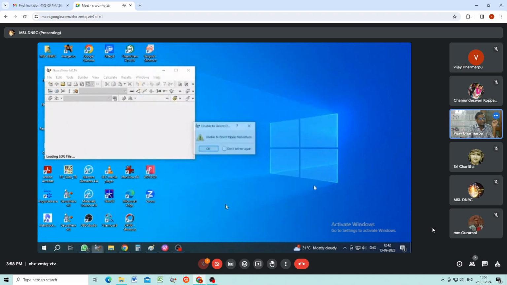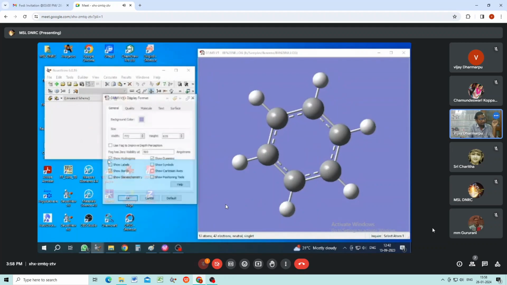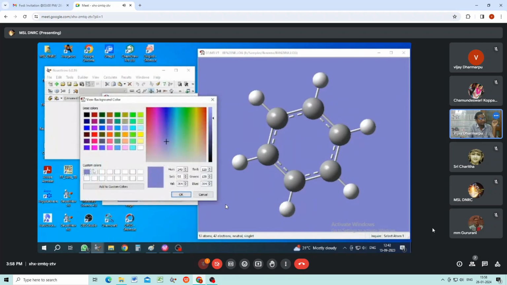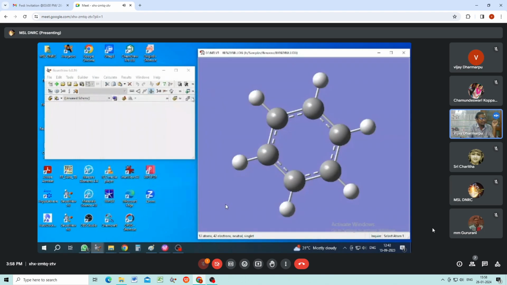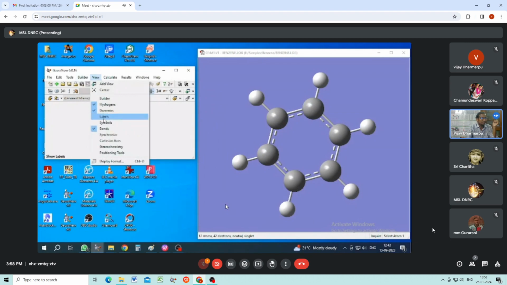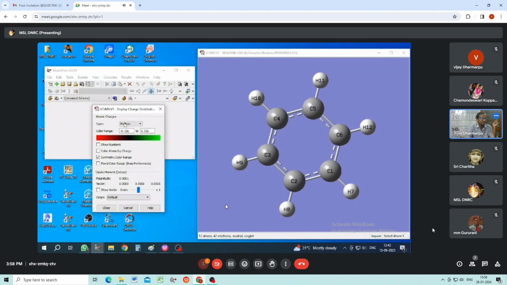The engine also we have. I will show you the properties. We can change the background and change everything; it is possible for the label, naming, and charge. Here I am showing the ATP charges and Mulliken charges. The color coordinates also we can see in the charge.